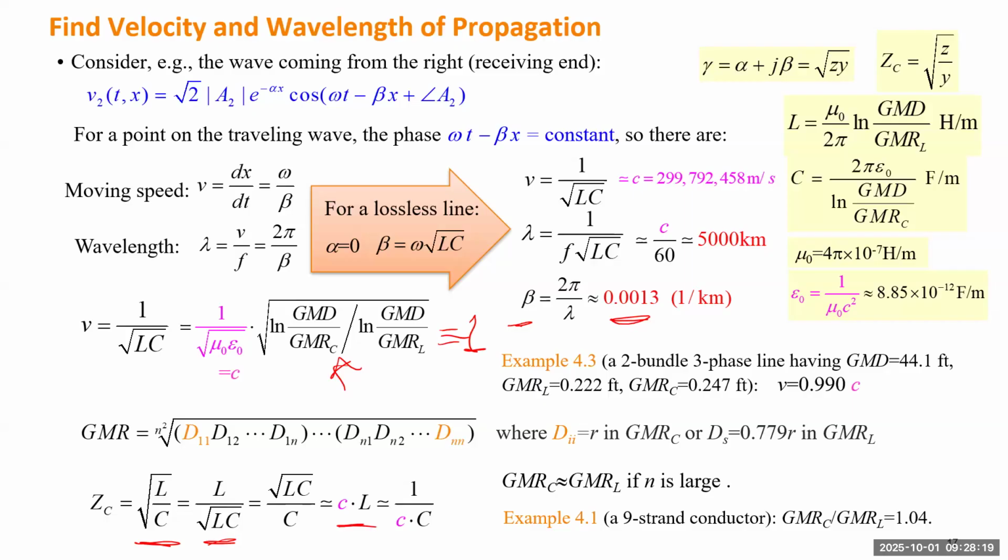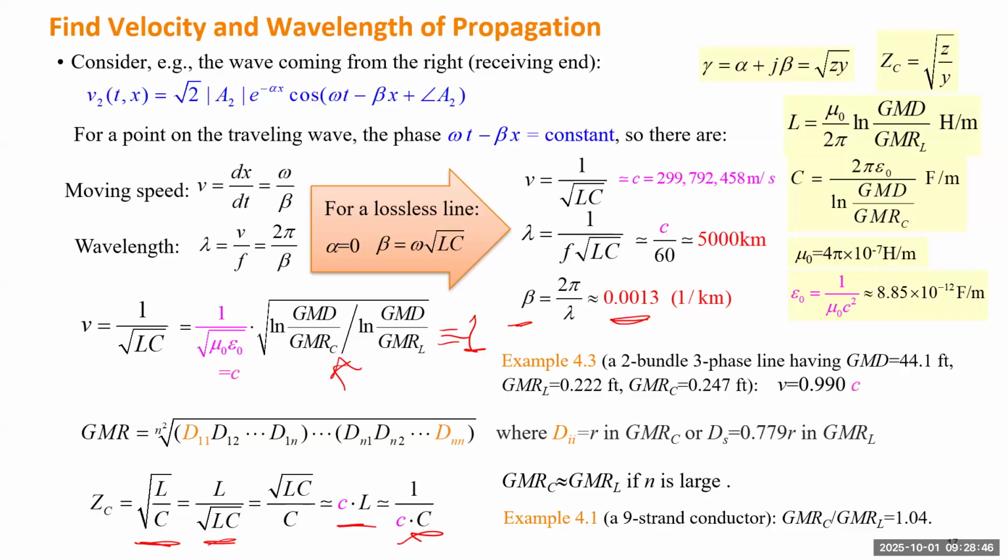So finally we can use the speed of light multiplied by the inductance to give you an estimate of the surge impedance, or you use 1 divided by the speed of light and the capacitance to give you the estimate. So which will be a very good estimate and easy to calculate. Okay, any question here?